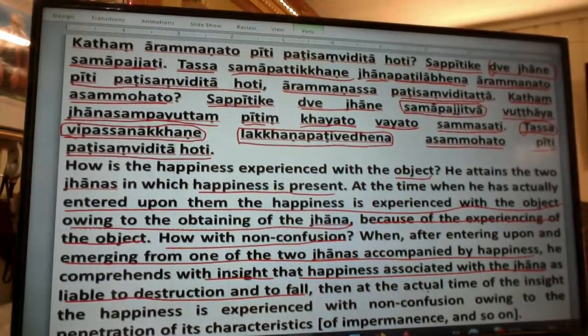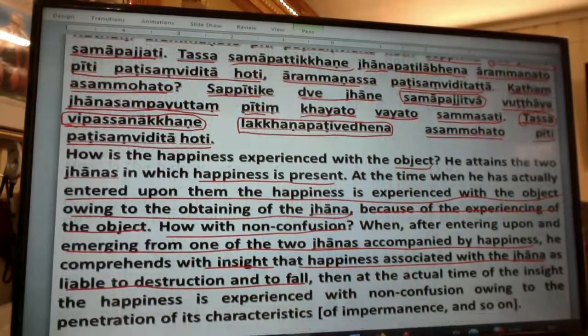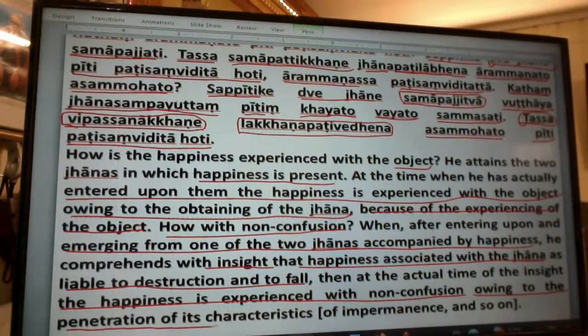Then at the actual time of insight, the happiness is experienced with non-confusion, without ignorance, moha, owing to the penetrated understanding of its characteristic, impermanent nature, and so on.